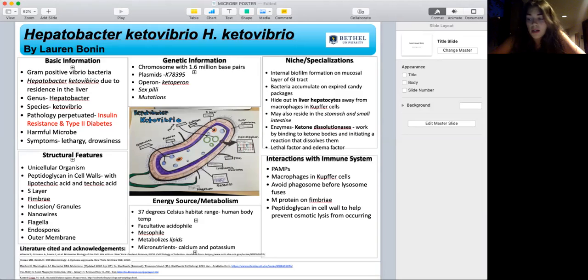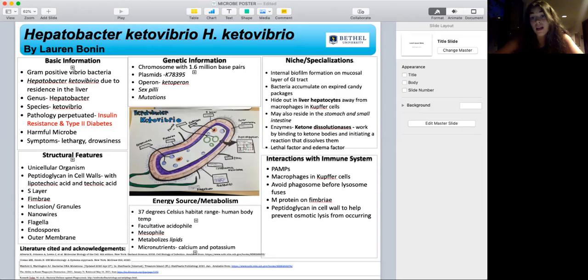It has an operon called the ketooperon. So something interesting about this is that genes are activated when someone is in a fasted state and their body tries to produce ketones. And this operon synthesizes and releases enzymes that halt or degrade ketone bodies. So it prevents the ketones from actually being formed.